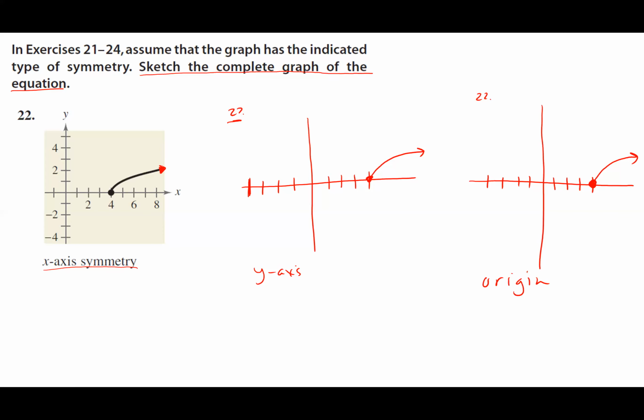Good job doing that. So y-axis symmetry, I think most of you are doing this one here. That means if you were to fold on the y-axis, you would get the other graph. Okay, give you another minute here.